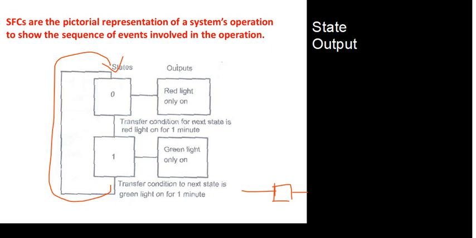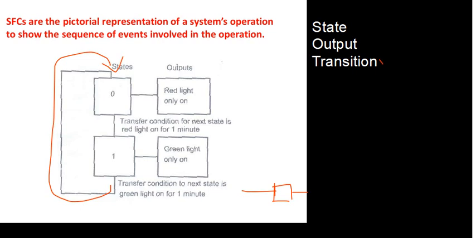Here the transition might come before the output. Sometimes based on some output the transition might come. So whether the transition comes here or here depends upon the type of SFCs that you are going to draw.